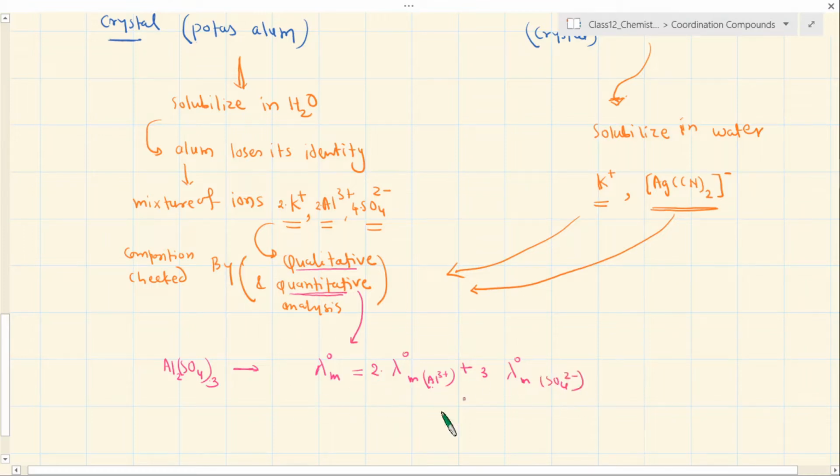So by doing the measurement, you can establish through the equation that there are 2 of this, and you can find out these numbers, and establish the proportion in the given salt. So conductivity measurement helps you to establish the stoichiometry, or the ratio of ions in a given salt.